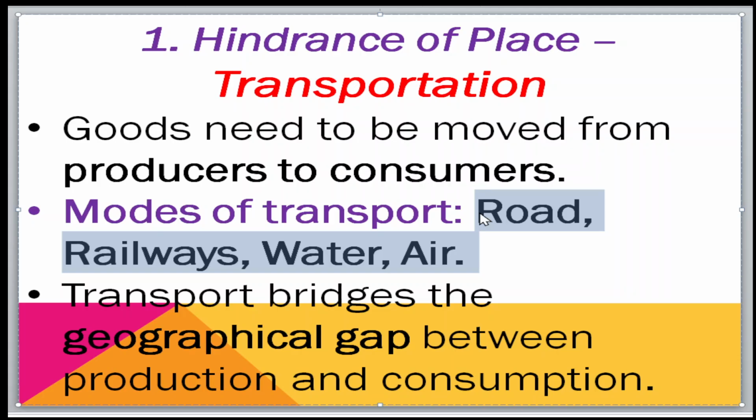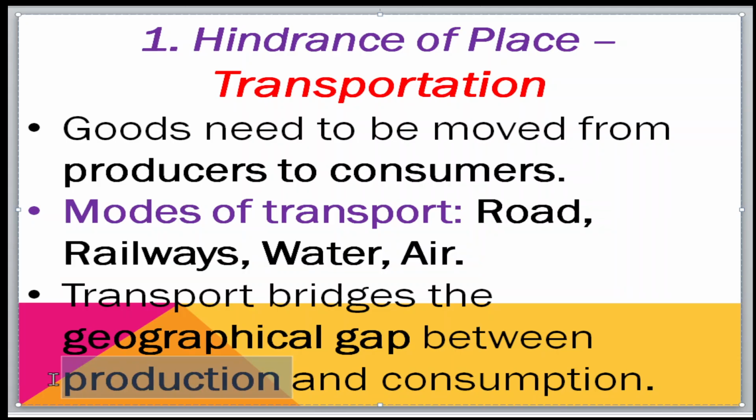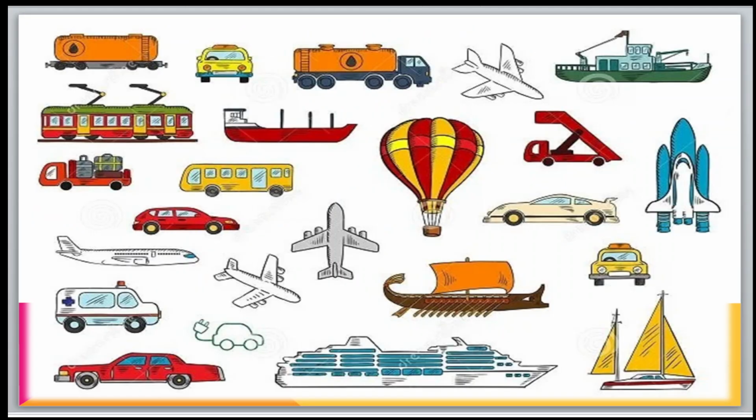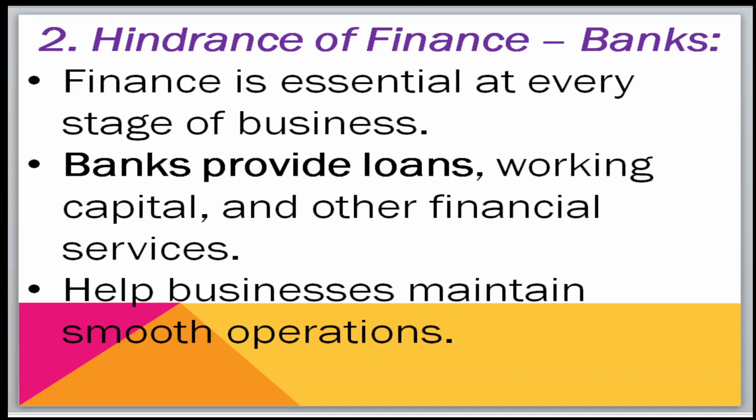Transport bridges the geographical gap between production and consumption. So the first problem, the problem of place, got solved by transportation. Here is the example for transportation. Now move to the next one.